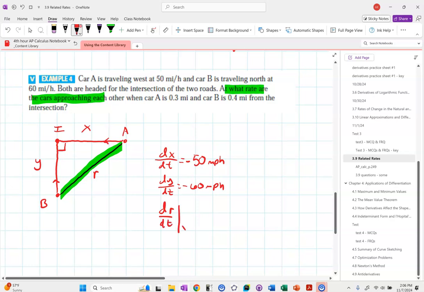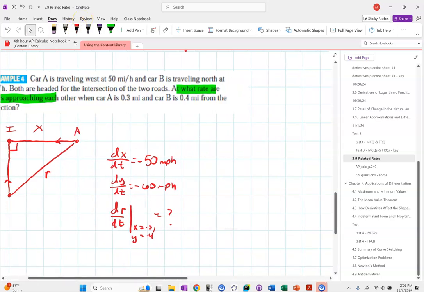Specifically when x is 0.3 and y is 0.4. Everybody feel pretty good here on how we came up with this?